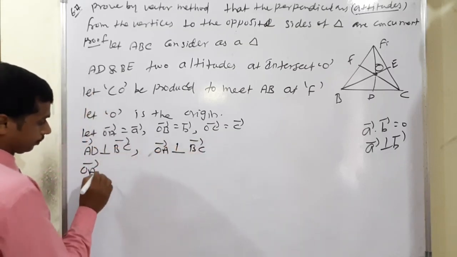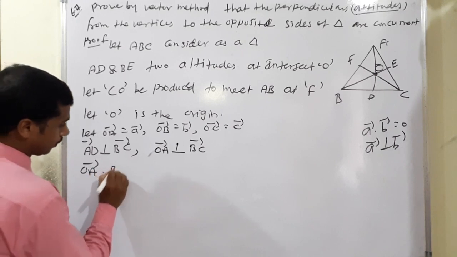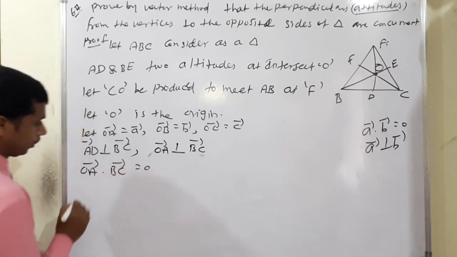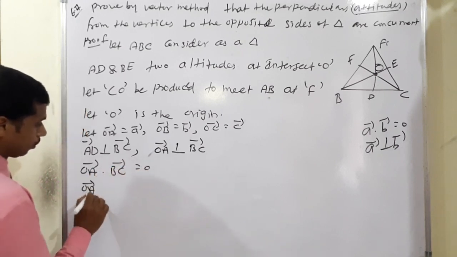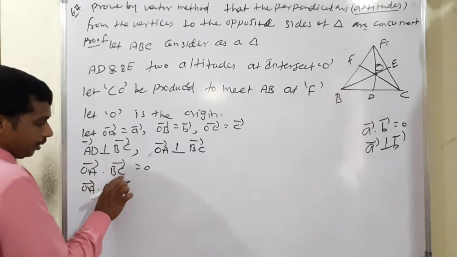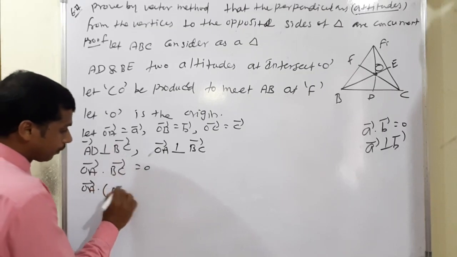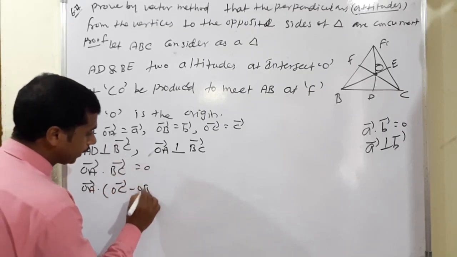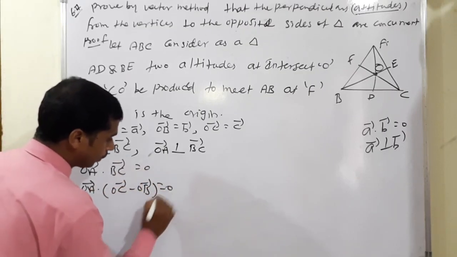OA vector dot BC vector is equal to 0. For the position vector BC, how to rewrite? Ending point minus starting point. Therefore, OA vector dot (OC vector minus OB vector) is equal to 0.